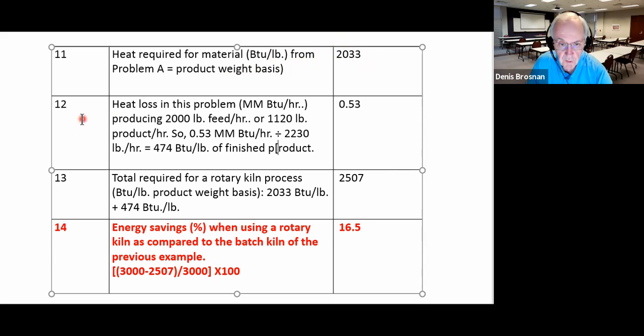Now the heat loss in the product we just read on eSolutions, 0.53 million BTUs per hour.